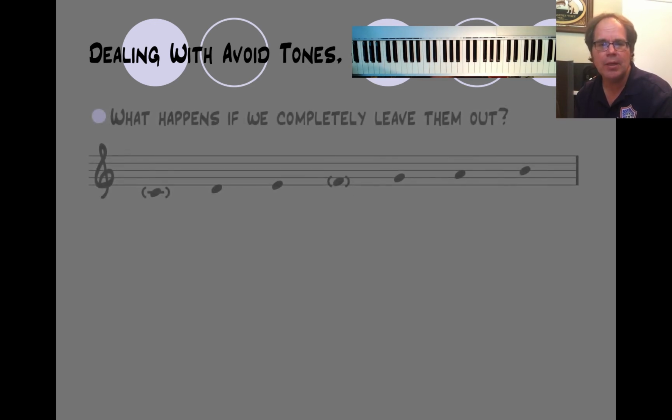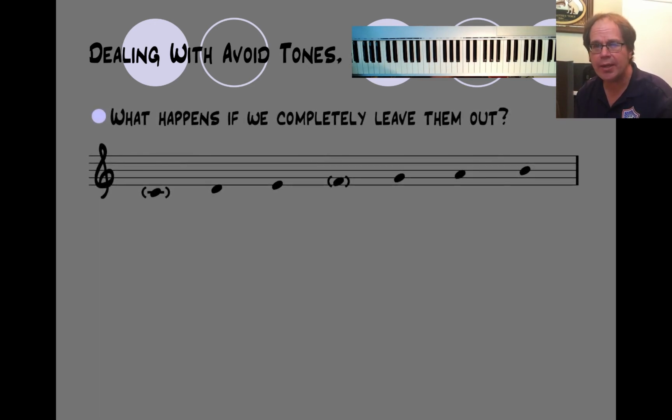Then we lose the sound of that particular chord. Okay. Here's the thing, what if we just took them out? Say we have the C major scale, and you're saying, okay, if that F doesn't sound so good, and the upper register C doesn't sound so good, what if I just take them out of the scale? And guess what? This is what you're left with if you do that.